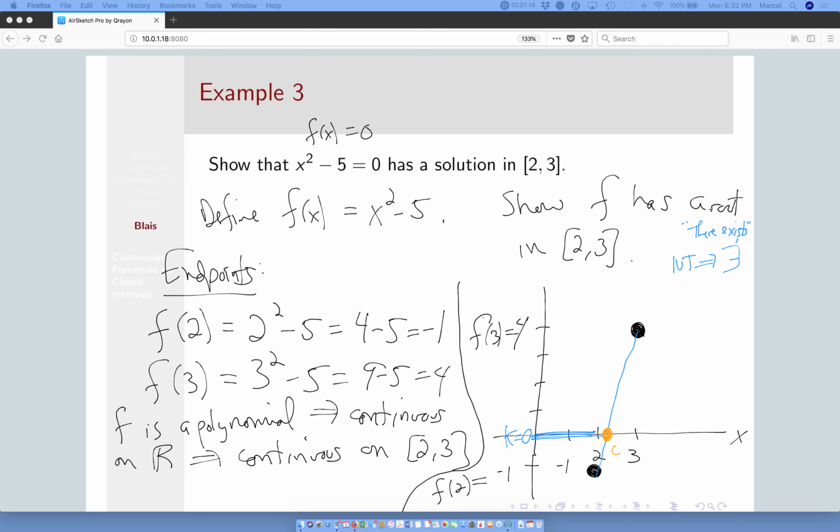There exists a c inside the interval 2, 3 such that f of c equals 0. And so that c is a root, by definition, of our function, and therefore a solution of our equation. So this is a very standard way that this is used.